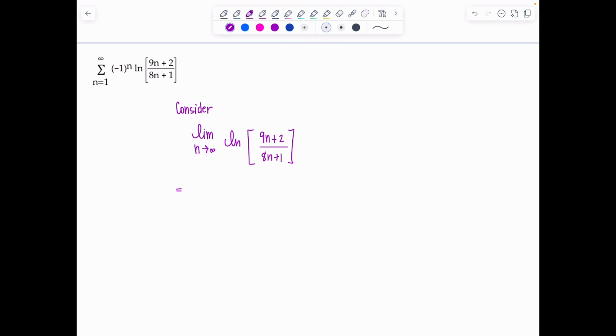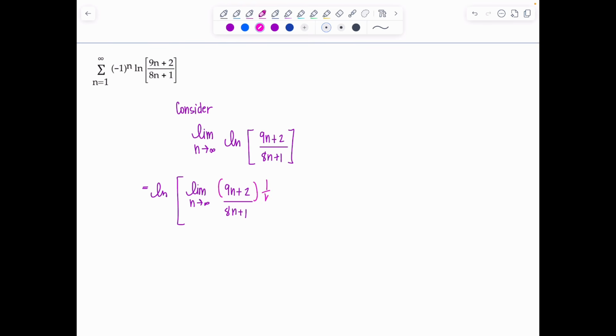So this is the limit as n goes to infinity. Now you can actually pass the limit inside to the argument because natural log is continuous on its domain. So basically we have natural log of the limit as n goes to infinity of 9n plus 2 over 8n plus 1. You probably do that in your head without needing to write it, but oh well.